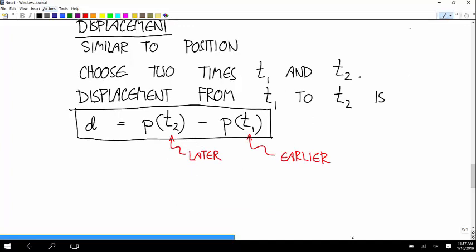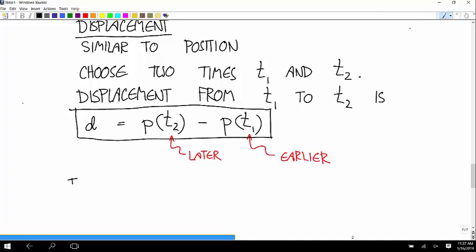And can displacement be negative? Yes, you can imagine if you started with a more positive position than you ended with, then you'll get a negative value for displacement. And that sign tells you something.